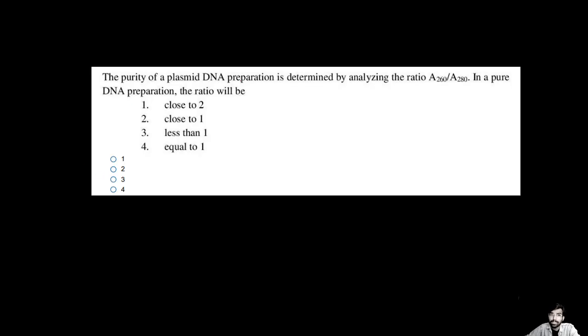The purity of plasmid DNA preparation is determined by analyzing the ratio A260 by 280. In a pure DNA preparation, I already told you, suppose just draw this 0, 1.8, 2. This is for DNA, this is for RNA. That's 0.6, that's for protein. Now, if it is in between something, that means you can say the DNA has RNA contamination.